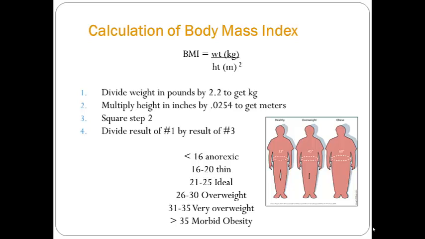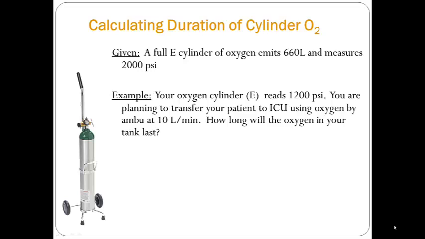You will want to memorize this formula. A body mass index between 21 and 25 is considered an ideal body mass index. A body mass index between 26 and 30 is considered an overweight patient. Between 31 and 35, the patient is considered to be very overweight, and above 35 is the definition of morbid obesity.